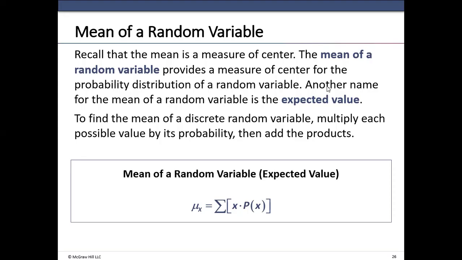That is expressed in this formula: mu x, where mu, as you know, is the population mean, is equal to the sum of each value of x times its corresponding probability. Get all the products and add them up. The symbol is the Greek capital sigma, which means the sum of the products of the value of x times its corresponding probability.